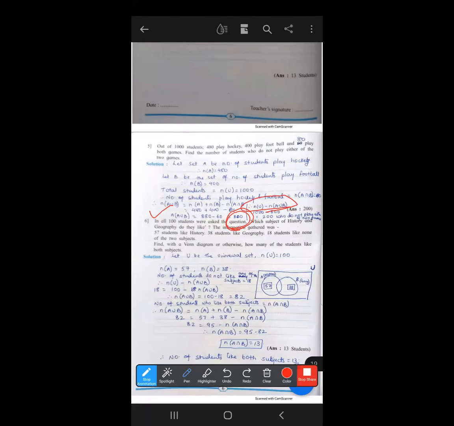The universal set, you know, has 1000 students. So 1000 minus 800 will be 200. So there are 200 students who do not play either hockey or football.